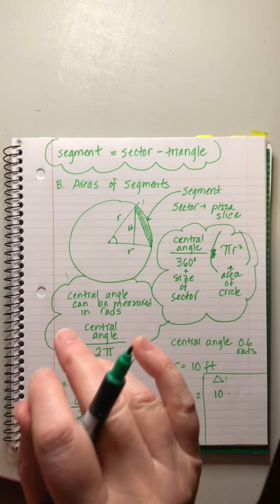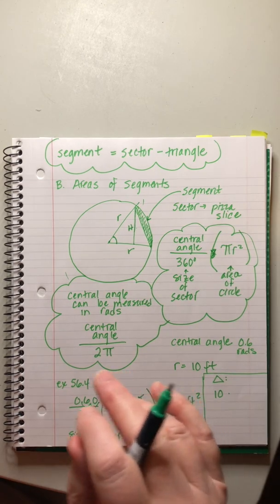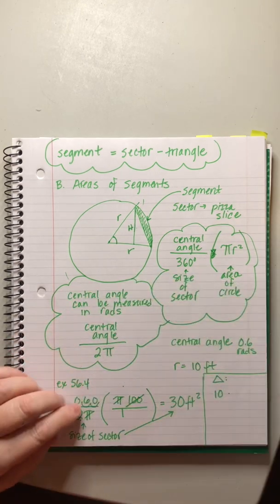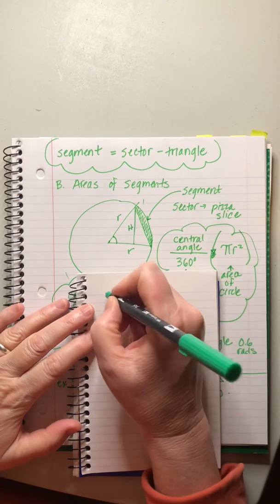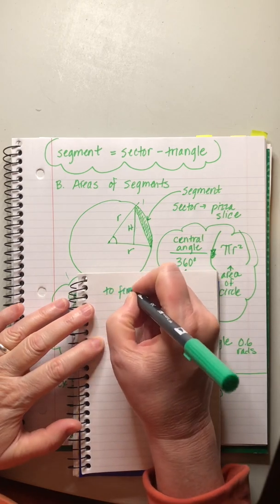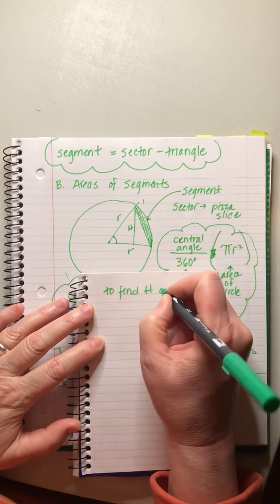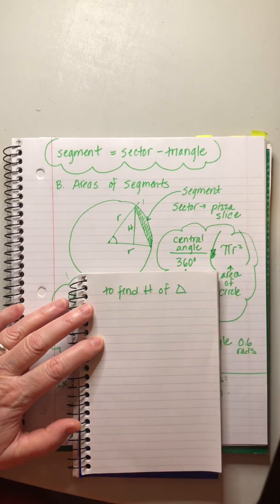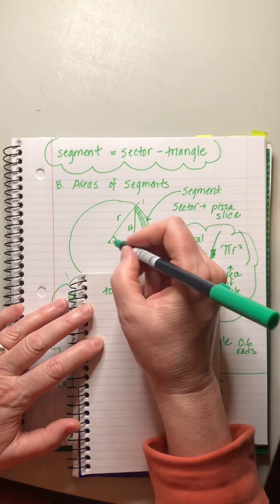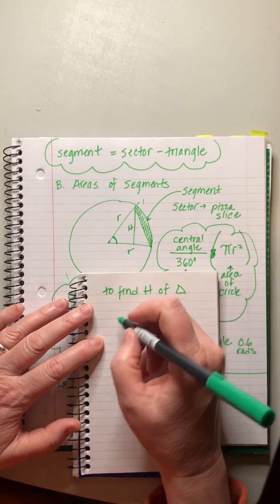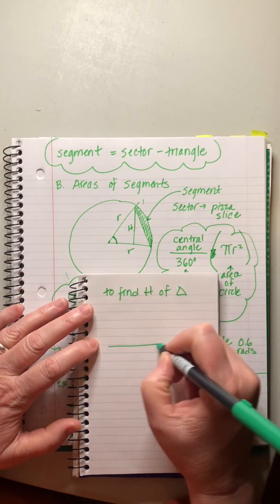I'm going to switch to another book so I can do that calculation on a separate piece of paper. So what we want to find is the height of the triangle. I'm going to draw that triangle over again.